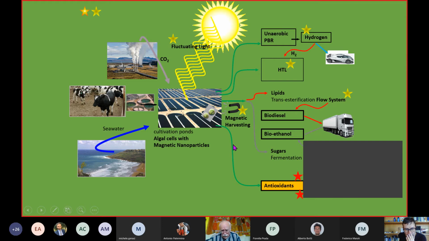So the same thing, but shown in a different way. You can see again CO2 from industrial sources. You can see manure from animal farms. You can see seawater, and that combines into explaining that it is not competing with traditional agriculture, not for area, not for water and not for fertilizer, because you derive it from the manure.